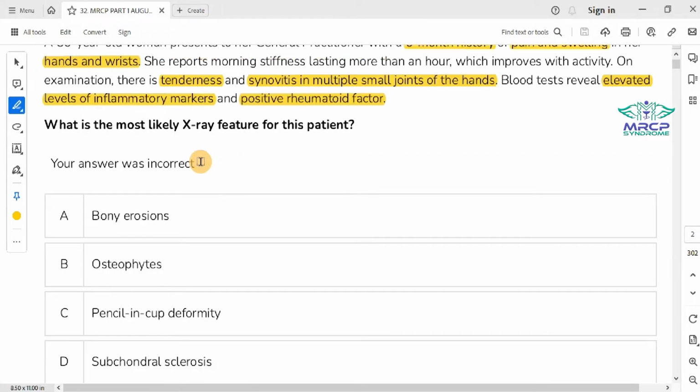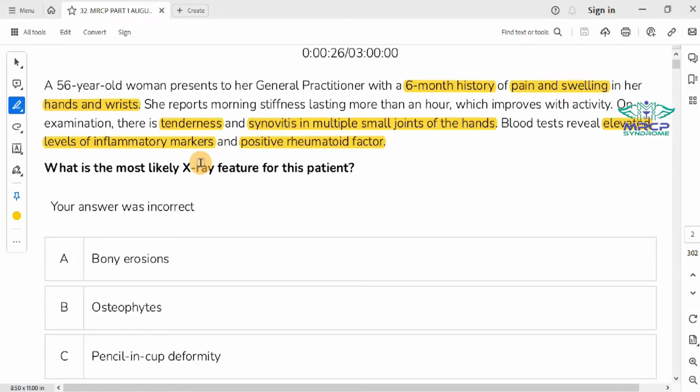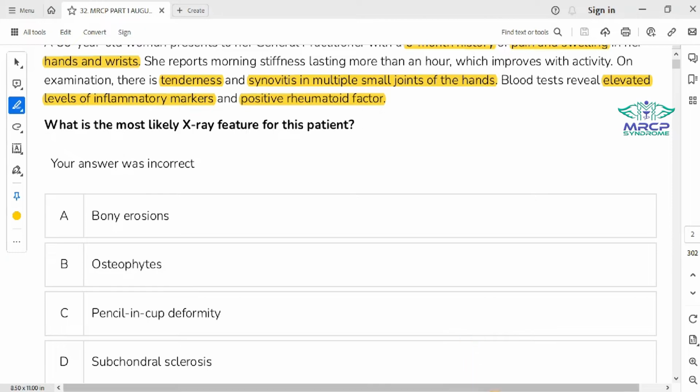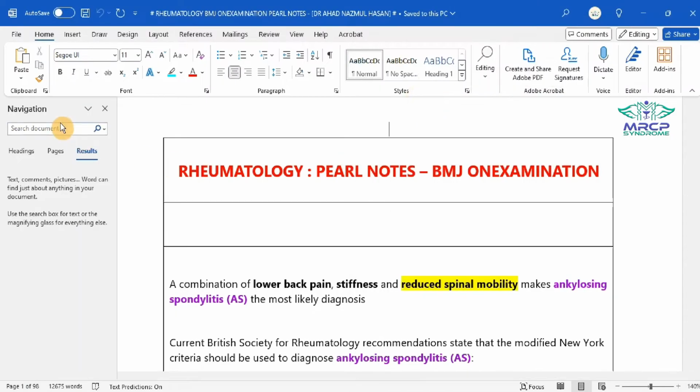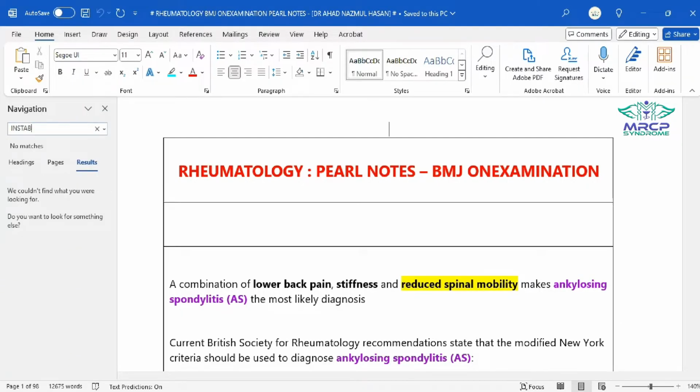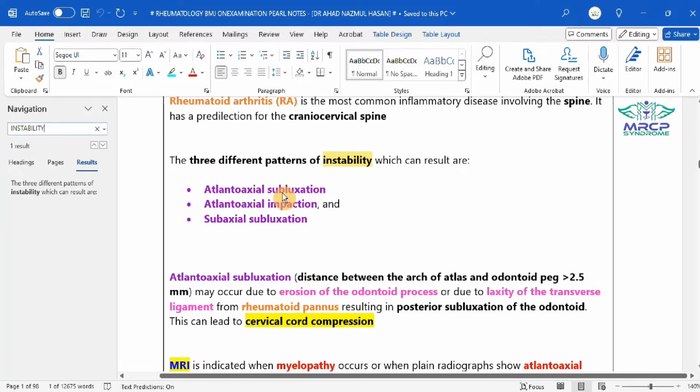And with respect to rheumatoid arthritis, what can be the pattern of instability which usually occurs involving the spine in case of rheumatoid arthritis? Pattern of spine instability in case of advanced rheumatoid arthritis. This is a little bit difficult question. So usually there are 3 types of spinal instability that can occur in case of advanced rheumatoid arthritis.